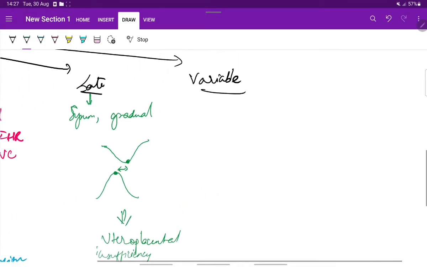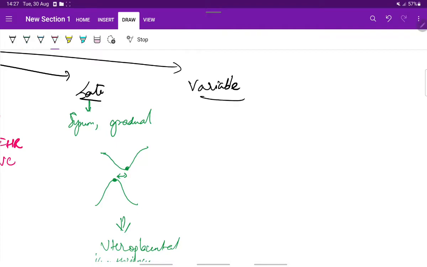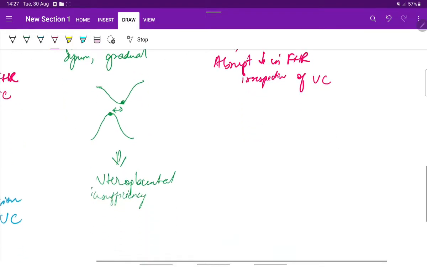Now coming to the variable deceleration. So, here there is abrupt decrease in fetal heart rate irrespective of the uterine contraction.